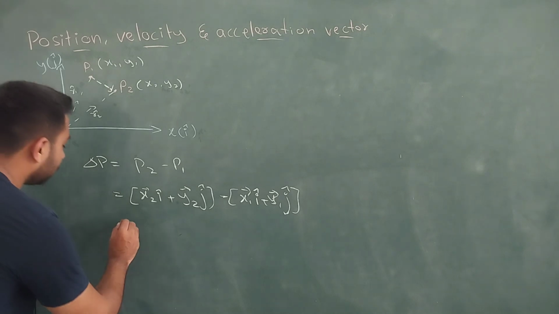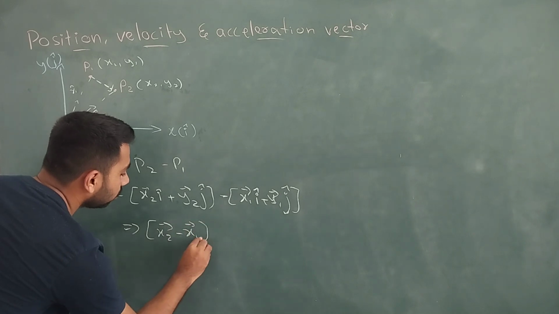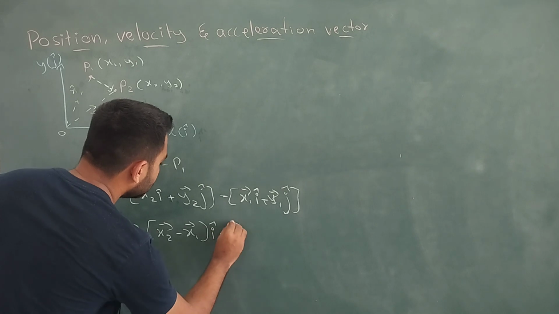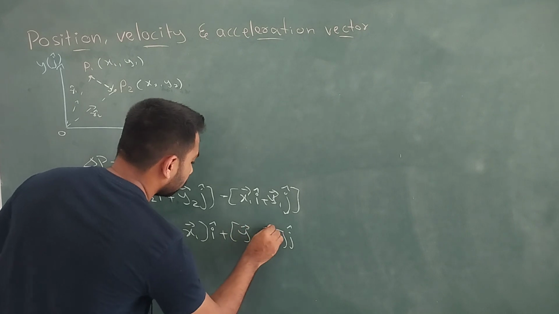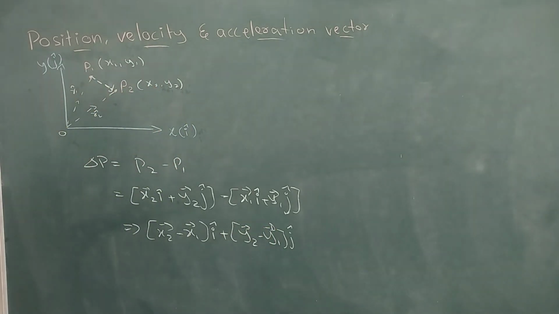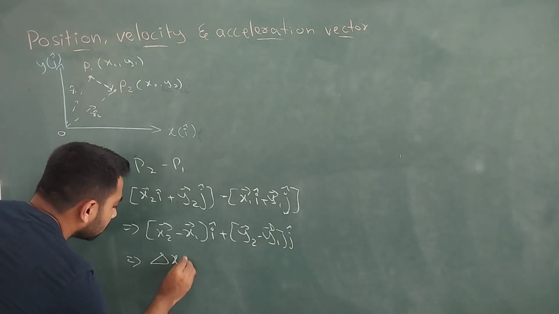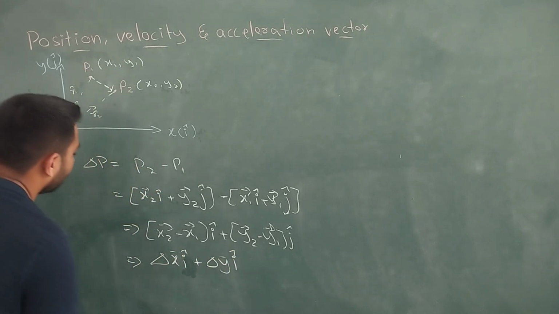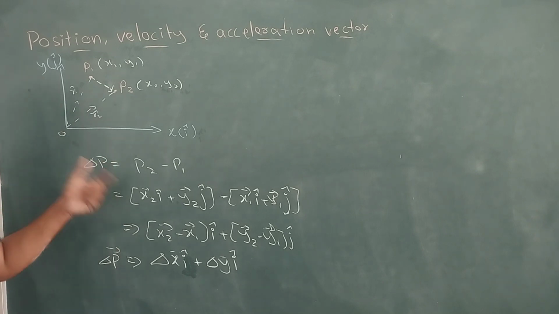Now if you substitute here, what will come? x2 minus x1 times i plus y2 minus y1 times j. So we can write it like this. Yes, we can write like this. This is basically your total position vector.